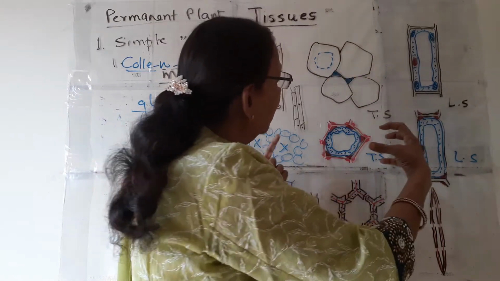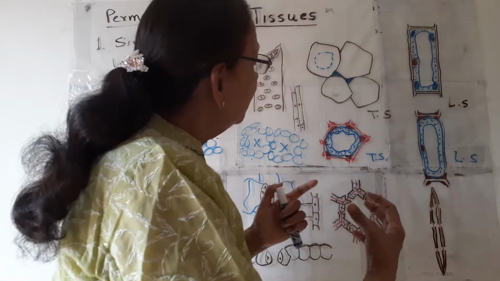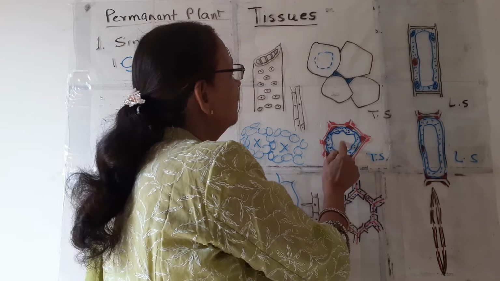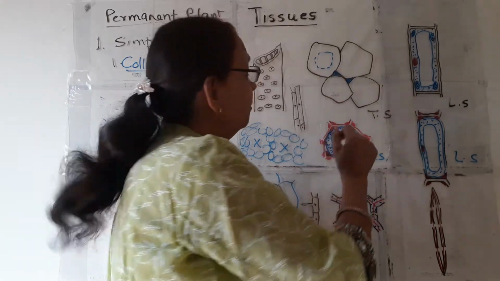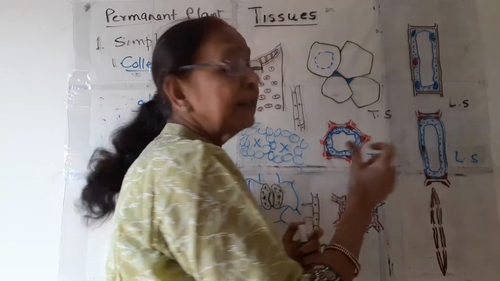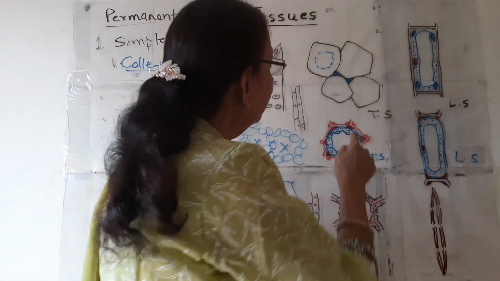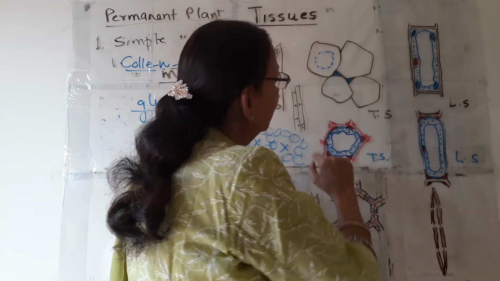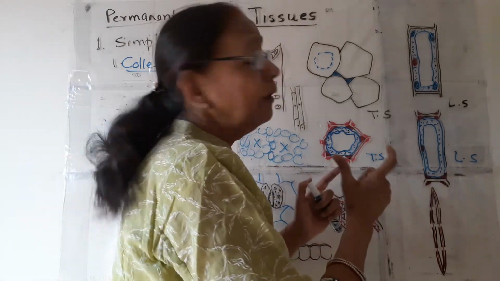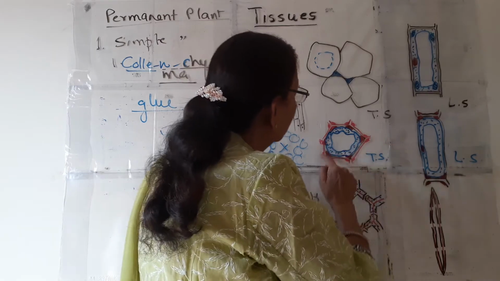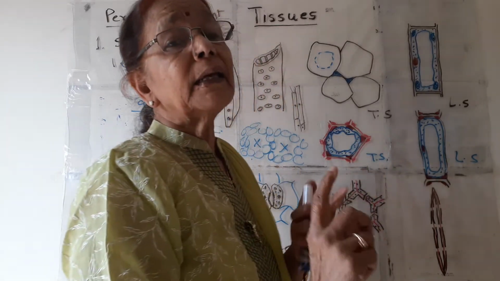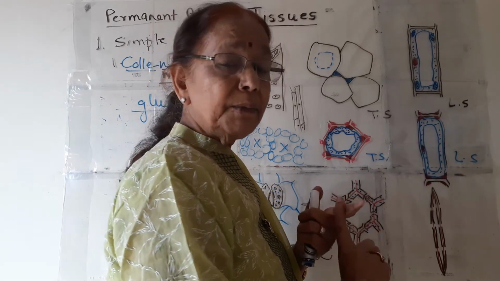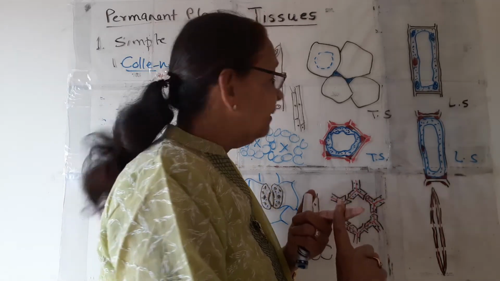Second, the lumen or cavity of this cell is smaller than this, because the cell walls are thickened, and they are thickened in the corners. These red areas are the thickening of the cell wall. At corners, they thicken and give mechanical strength to the plant. Flexibility as well as mechanical strength.